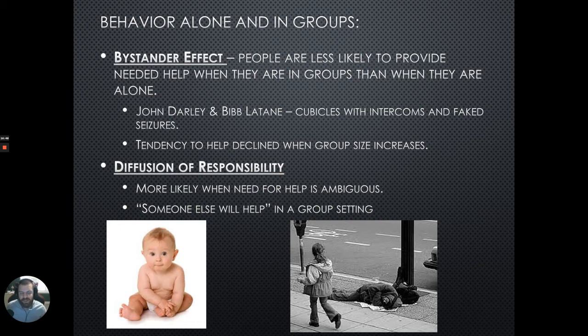And everybody in that group is feeling the same ideas running through their mind. I'm less responsible because there's other people here. And so the danger would be that if everybody has that mentality, who's the one who's going to call 911? Who's the one who's going to offer help for that individual in the emergency because everyone is thinking someone else is going to do it?